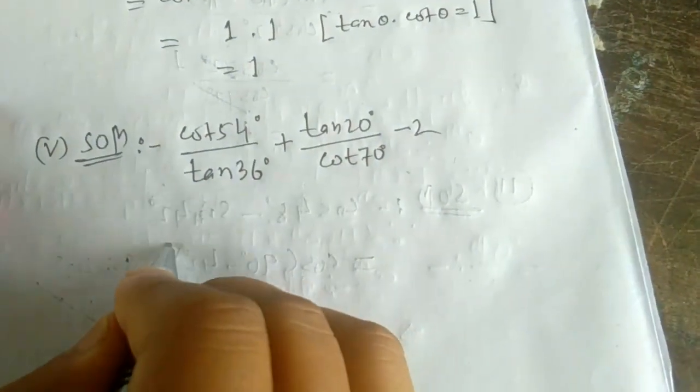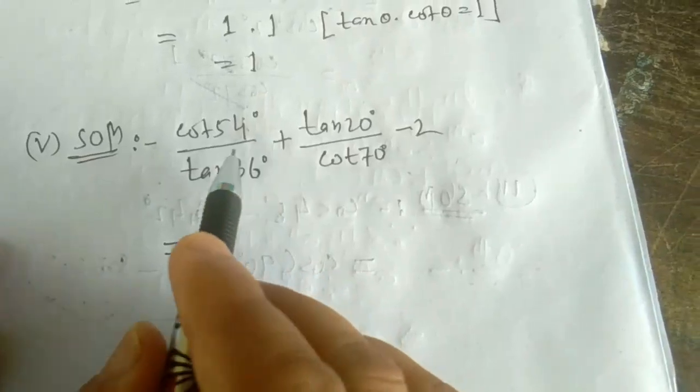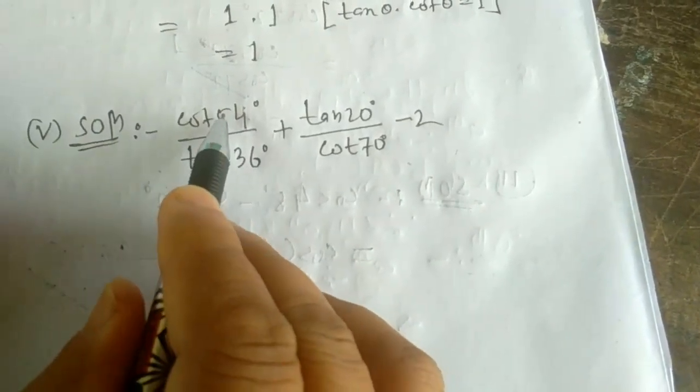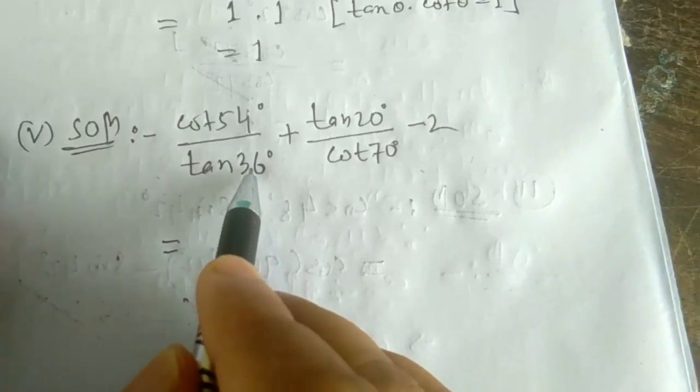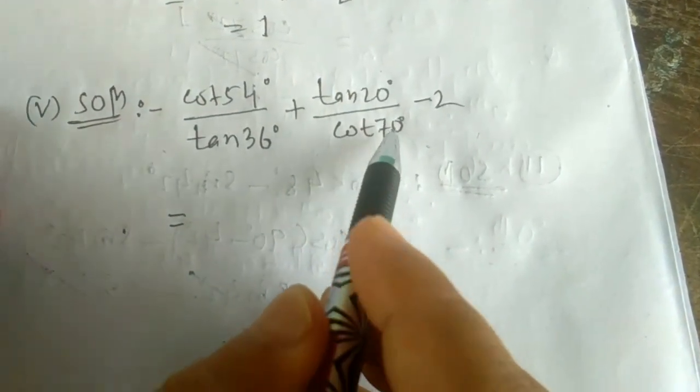So same as before, here in the first term it is 54 by 36, here it is 20 by 70.